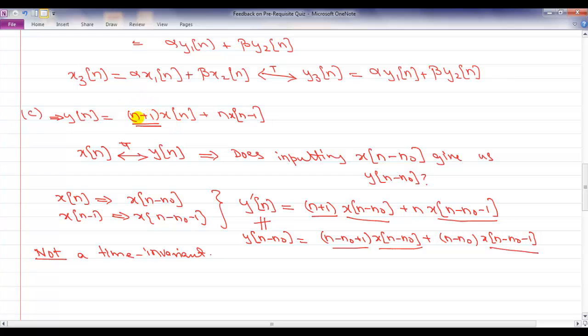This is a coefficient, it is n plus 1. This is a coefficient, it is n. You can look at other examples: as long as you don't have coefficients which are functions of n, you get time invariant systems. Otherwise you get time varying systems.